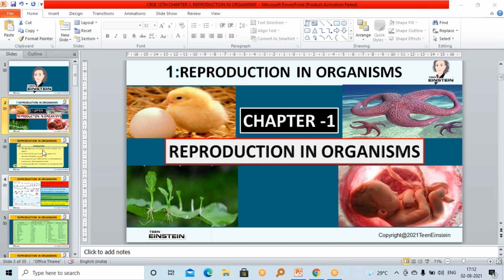Without reproduction, organisms cannot survive for a long time. And each organism or individual makes the next generation or next progeny by asexual or sexual method, right? Next generation, how do they produce? Reproduction by asexual or sexual methods.